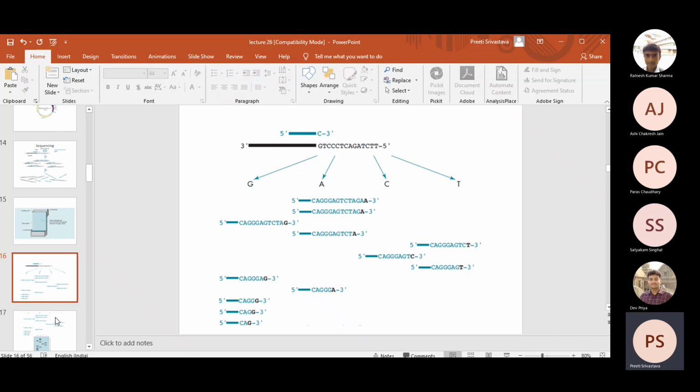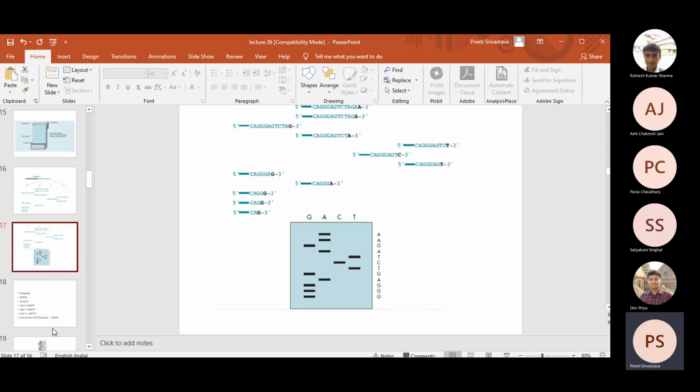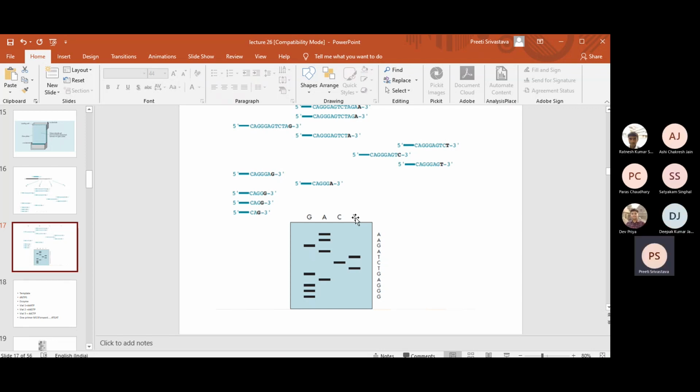Now what you do is you run it on a gel. Once you analyze it on a gel, class, you can actually determine the sequence. This is tube number 1, this is the sequence from tube number 2, this is the one from tube number 3, and this is the one from tube number 4. What is done is that this dideoxy molecule is labeled with a radioisotope, for example P32.